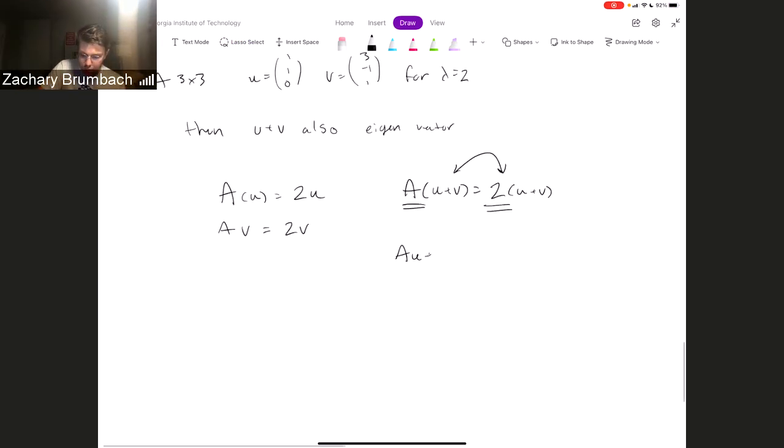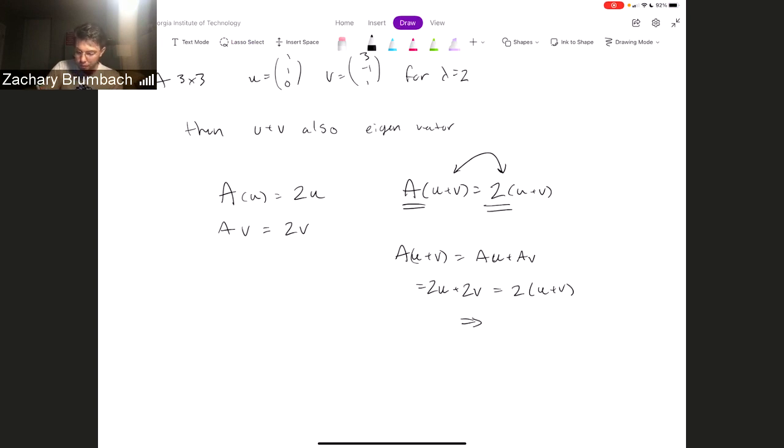So A(U plus V), we can distribute, AU plus AV, that's great, equals 2U plus 2V, because they're both eigenvectors corresponding to lambda equals 2, which is just equal to 2 times (U plus V).